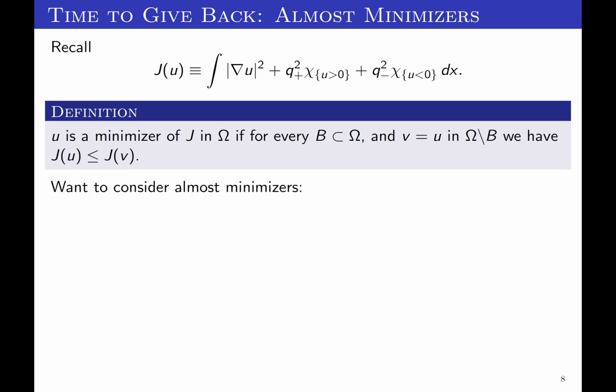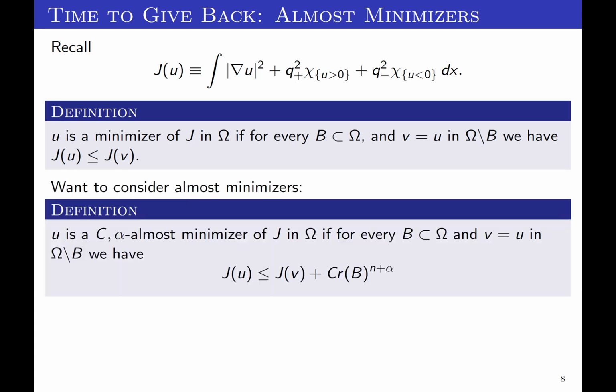But we want to consider something called almost minimizers. So in almost minimizers, there are two parameters, C and alpha. And we say that U is a C-alpha almost minimizer if for every ball and every competitor which is equal to U outside of that ball, the energy of U is less than the energy of V up to some error.